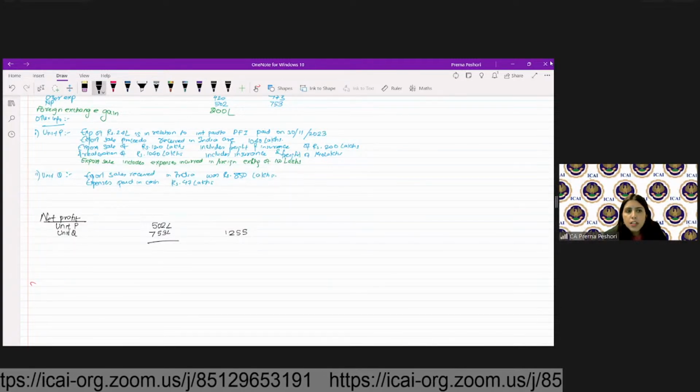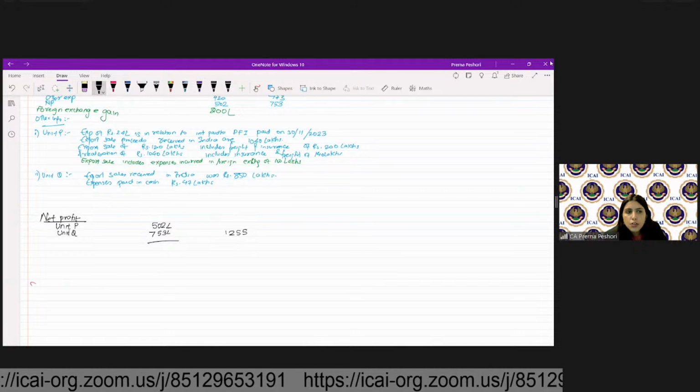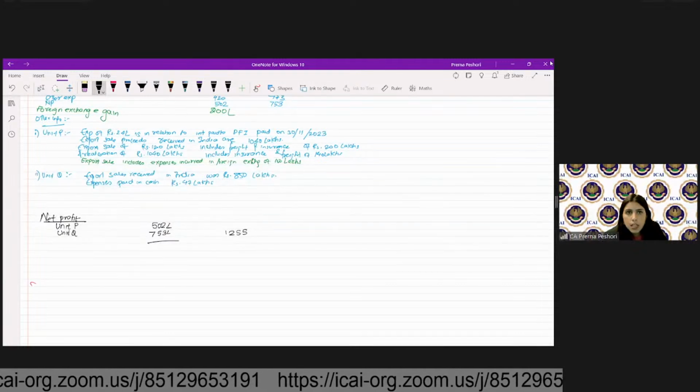Then first we'll refer to the other information which is given and see what it's trying to say.